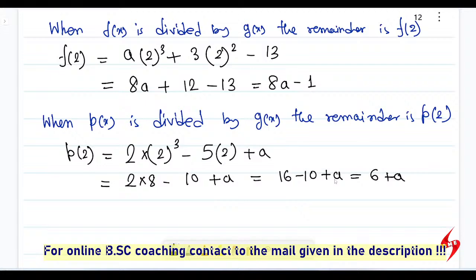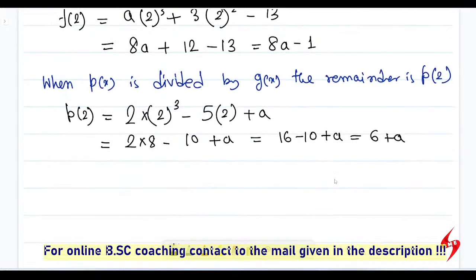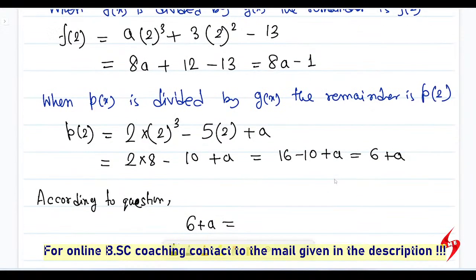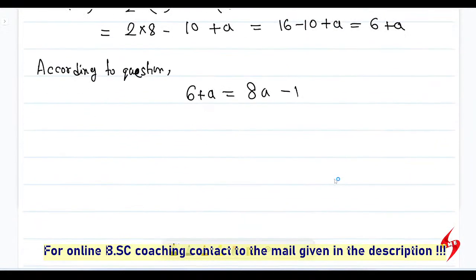Now according to the question, these two remainders are the same. These two remainders, that is 6 plus a, is the same as 8a minus 1.